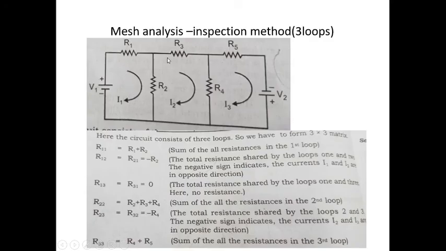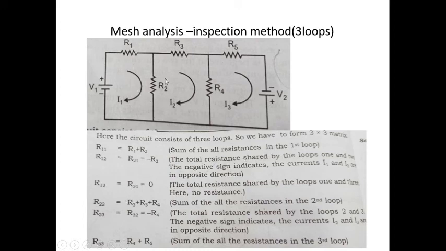When there are 3 loops, how do we write by inspection? Here you can see 3 loops, so we will have a 3 by 3 matrix. First we write R11, the sum of the resistances in loop 1, so R1 plus R2.